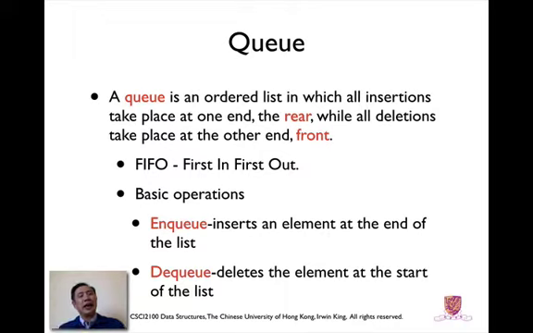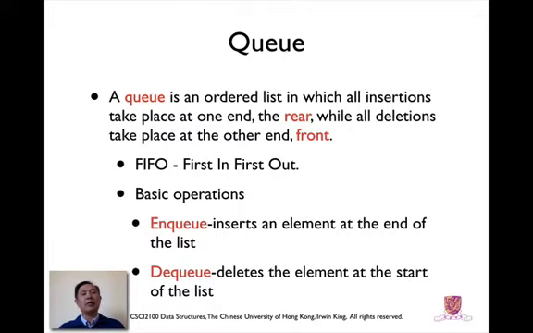Different from the stack, where you push and pop at the same end, here there are two, the rear and the front. And different from the stack, which is last in, first out, a queue is what we call a FIFO, or first in, first out.